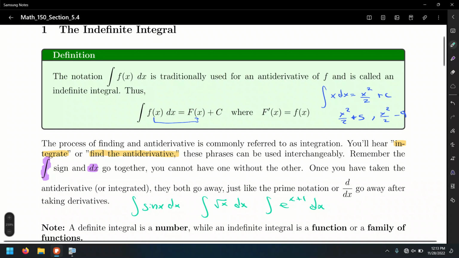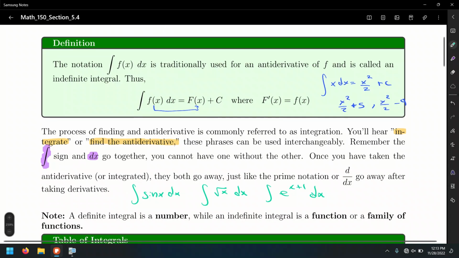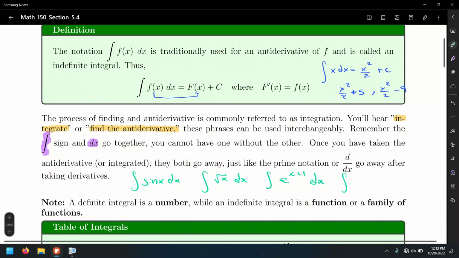Later in calculus 3, when you get to functions of multiple variables, you might have a function like x squared y cubed plus cosine of yz. But that doesn't mean anything if we don't specify with respect to which variable we're integrating. In this case, it's maybe an integral with respect to z, for example.